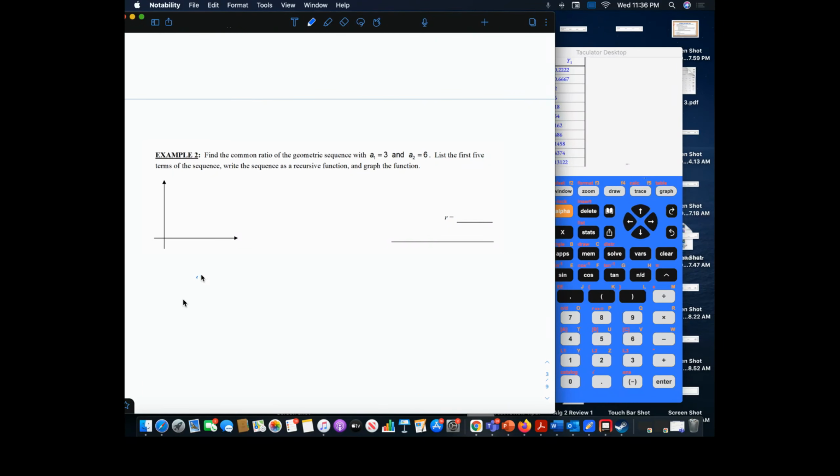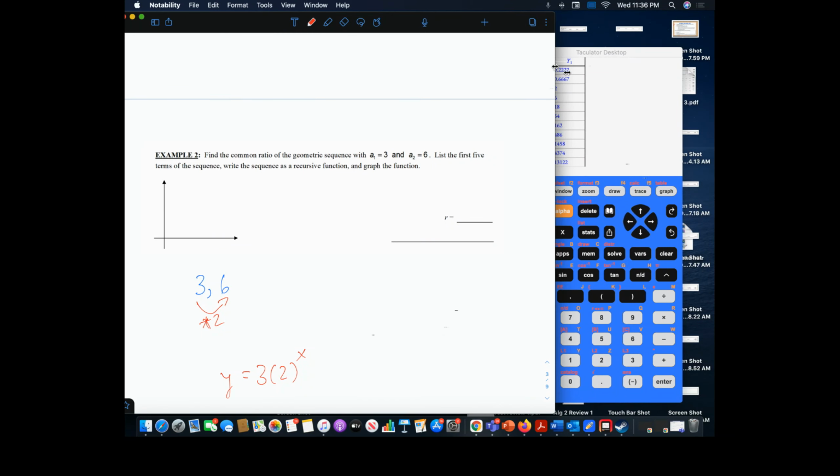If the first one is 3, the next one is 6. We can see that we're multiplying by 2. You could just keep multiplying by 2, but what I'm going to do is say y equals 3 times 2 to the x, because then I can just look at a table and I have all my wonderful values.